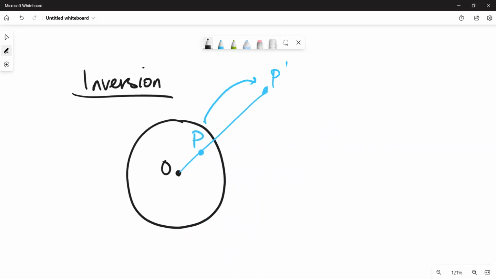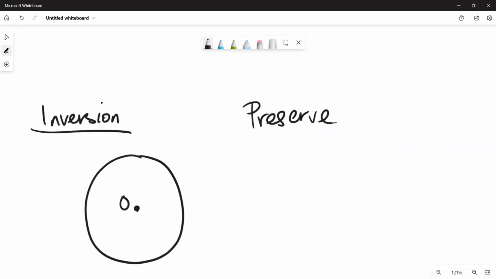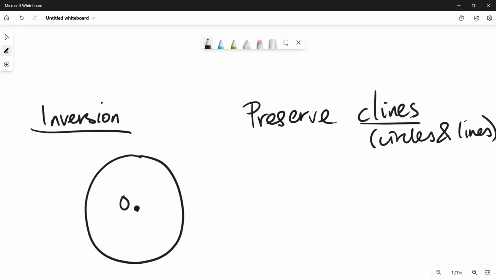And the most important property is that inversion preserves the set of objects consisting of circles and lines. I'll just call them clines: circles and lines. If it's a circle, the image of the circle will be another circle. So if this is omega, then this is omega prime.